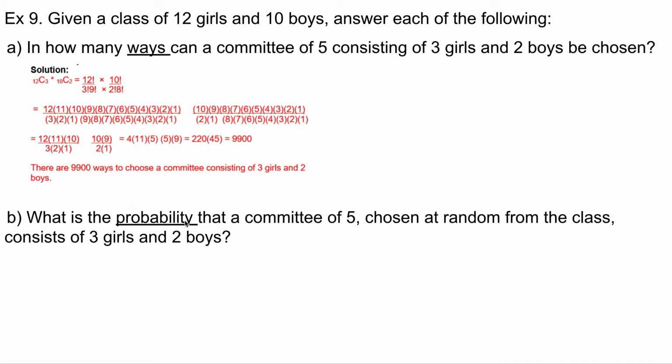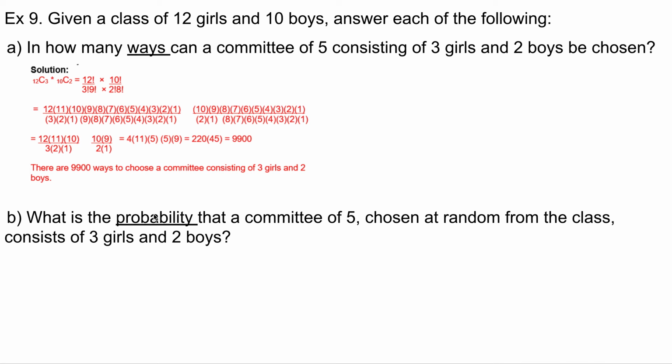This time, probability. So to find the probability, you need to consider what the possible outcomes are, right? So you need to look at all the sample space, and you need to think about the specific case in this example. Let's read this question carefully before we solve the problem.